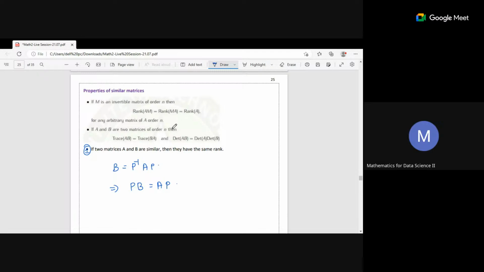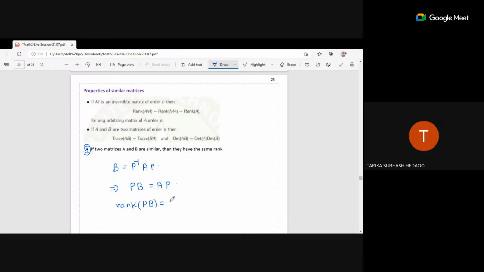From here, you can use the property that if M is invertible, then rank of MA is rank of A. So what is rank of PB?